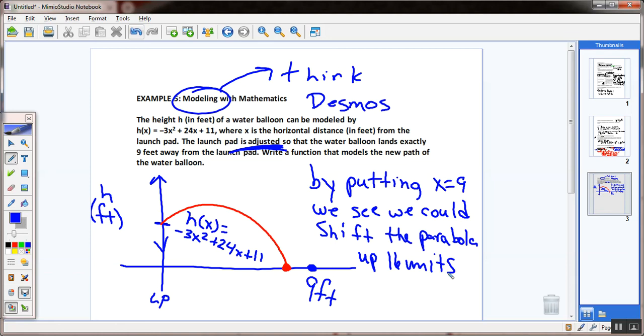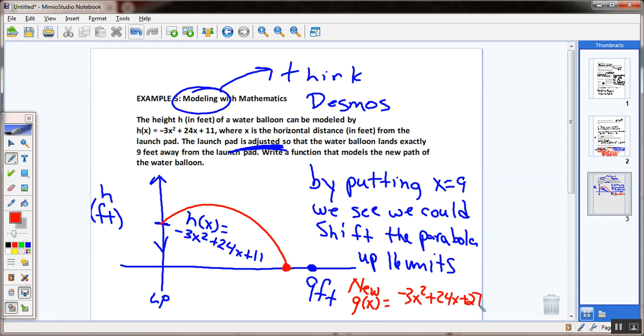What it is going to change is the 11, though, right? By adding 16 to that, what's this become? 27. So we get a new function, and I'm going to call it g of x equals negative 3x squared plus 24x plus 27.